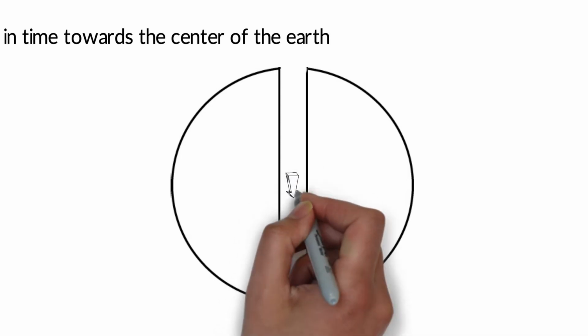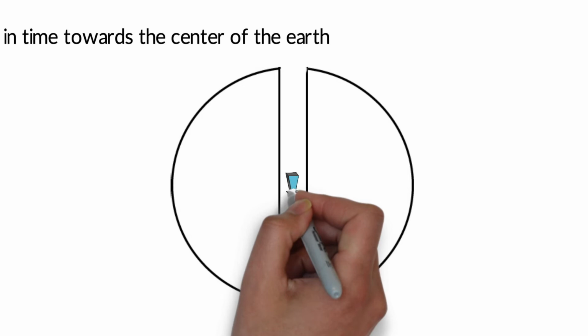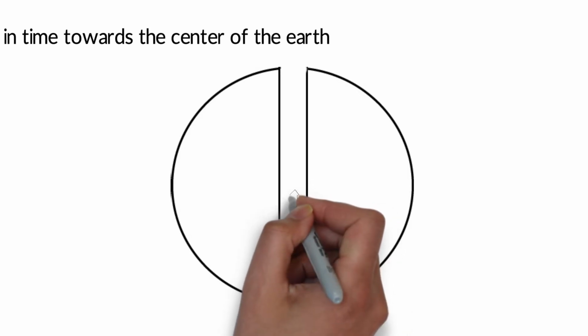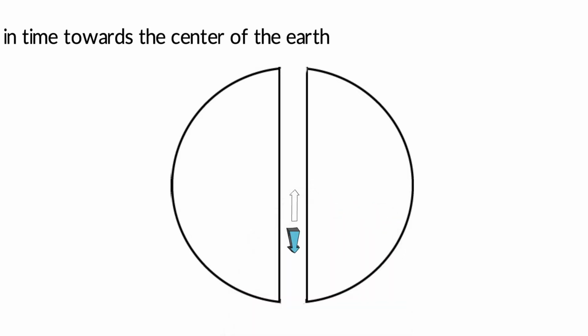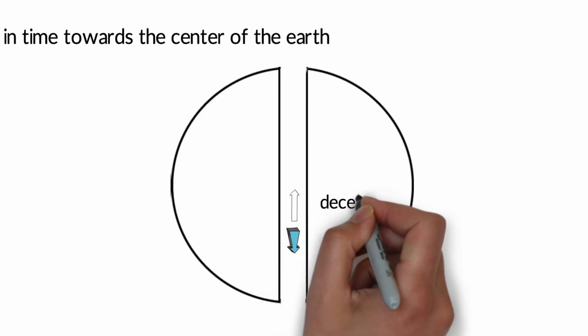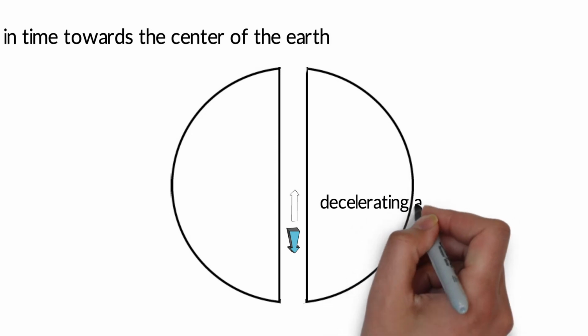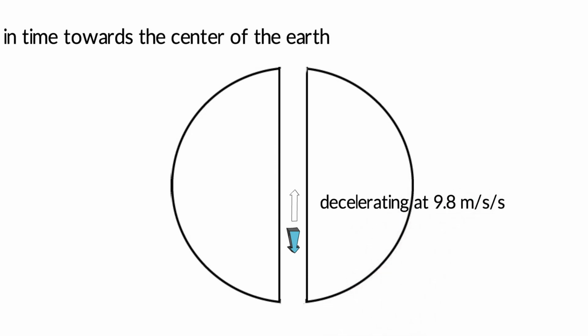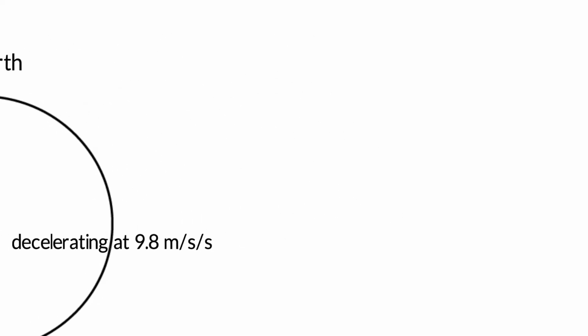But then you keep falling, except now you're falling incrementally slower and slower because now you're past the center of the earth and you're now being pulled by gravity in the opposite direction. Because remember, gravity pulls you towards the center of the earth. So when you fall down the hole and you pass the center of the earth, now all of a sudden you're technically going to be falling in the other direction, decelerating at 9.8 meters per second per second.